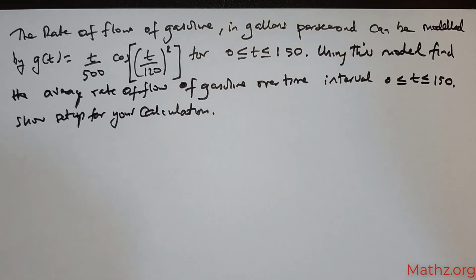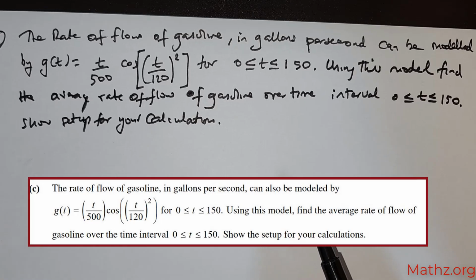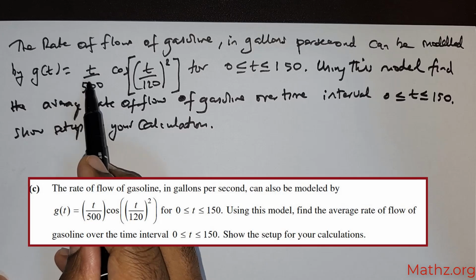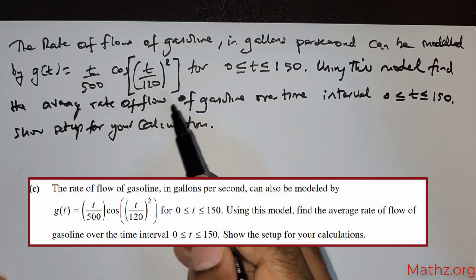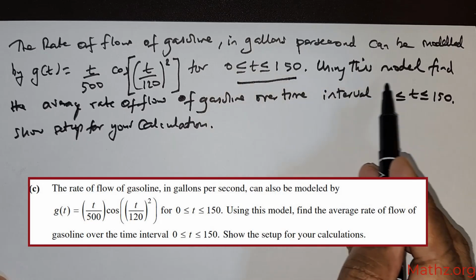Now this is part C. It says the rate of flow of gasoline in gallons per second can be modeled with this function: G of t is t over 500 times cos squared of t over 120. The time is given between 0 and 150.